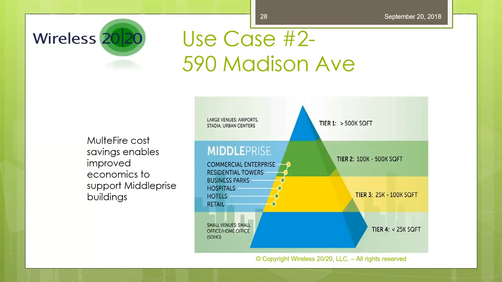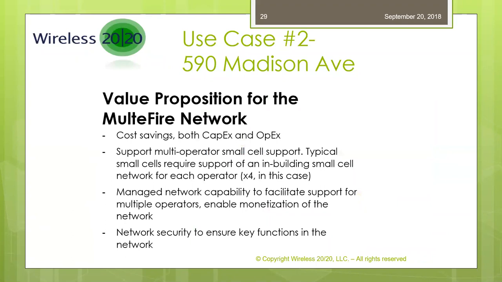The key is that when we look at tier 2 and tier 3 buildings, smaller and medium-sized buildings, it's difficult for the economics of deploying a typical in-building solution to really come into alignment. With a MulteFire shared network, the economics come in, and now we can be fairly effective at deploying an in-building network in a medium-sized or smaller building. So it's a very important advantage that we could bring here.